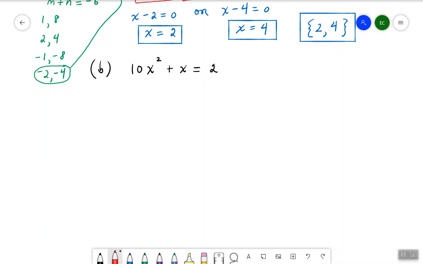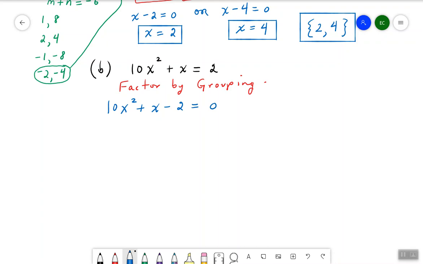Okay, so our method is called factor by grouping. The first thing that we want to do is just subtract 2 from both sides and get 10x squared plus x minus 2 is equal to 0.